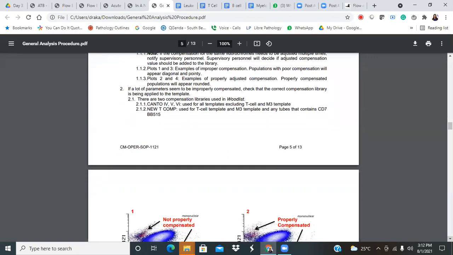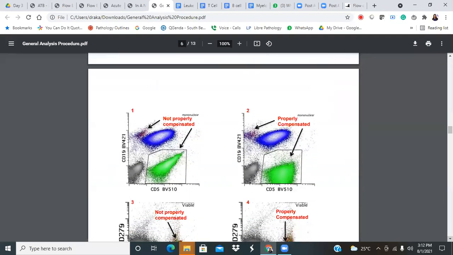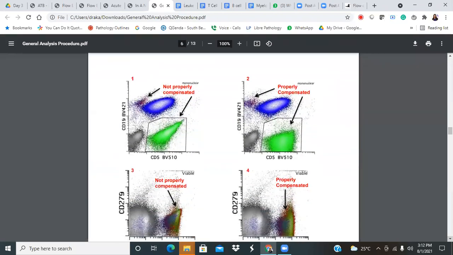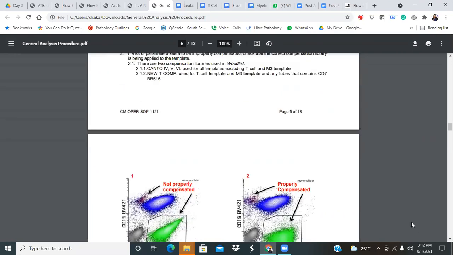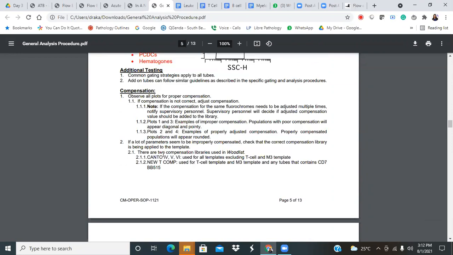Okay. So this was a question, I think in the group Shweta asked about compensation. I couldn't find any better example than this, but this was in our SOPs. Basically what they are showing is that when you use the compensation libraries, you use the specific libraries for the specific panels.